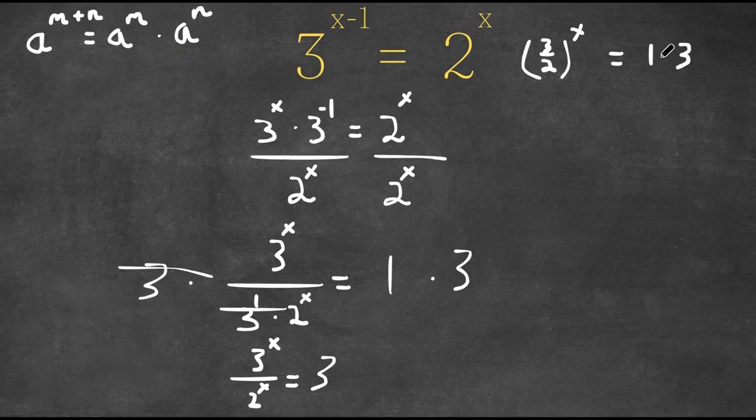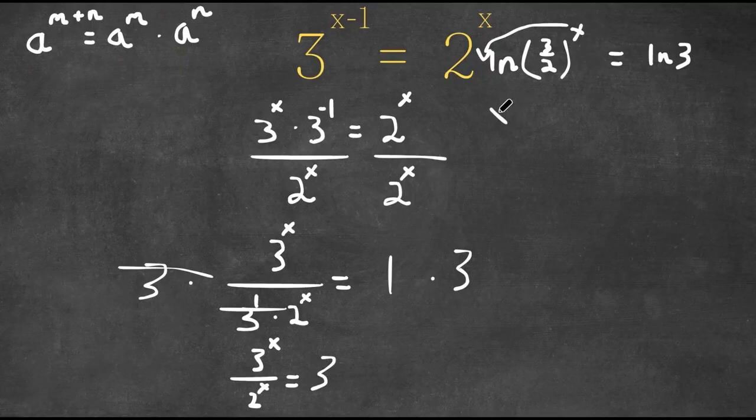Now if I take the ln of both sides, this exponent can actually be moved to the front of the ln, because this is an important property of logarithms.